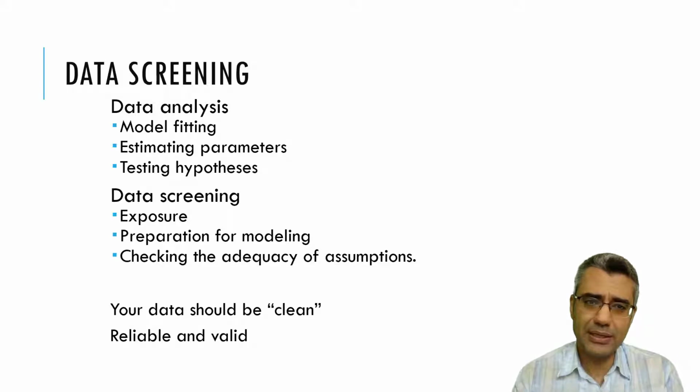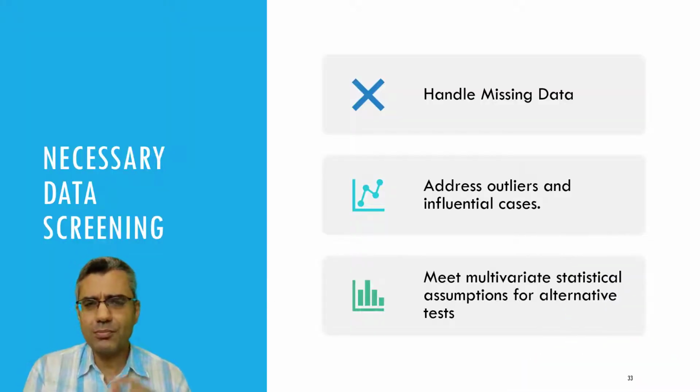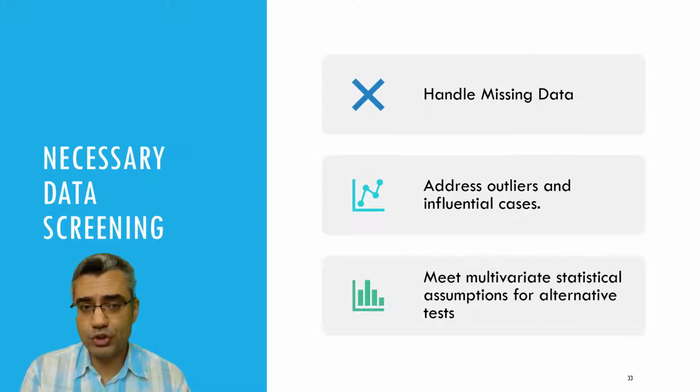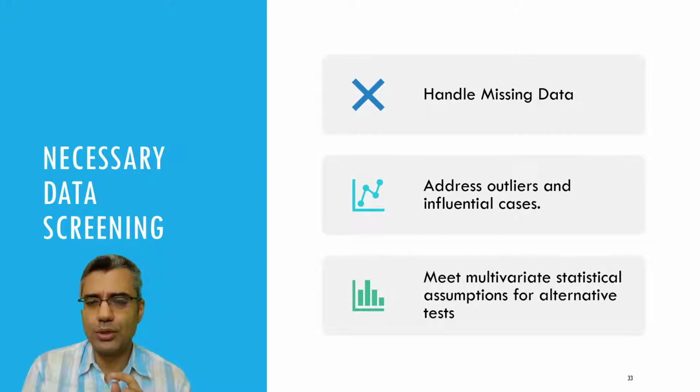By data screening in this course, I mean handling missing cases, addressing outliers and influential cases, and we check multivariate assumptions for maximum likelihood. For example, we check multivariate normality.